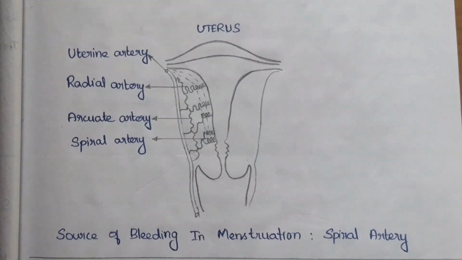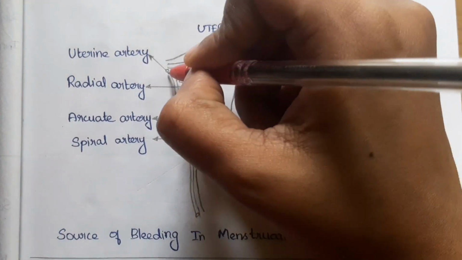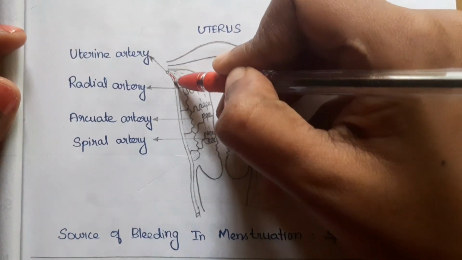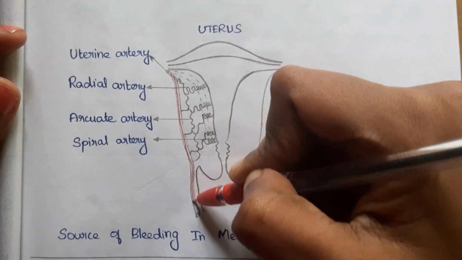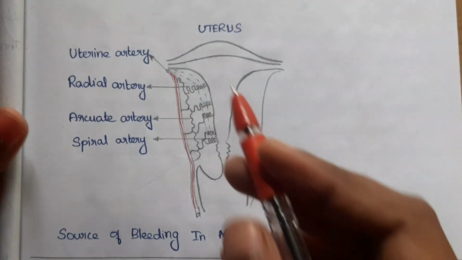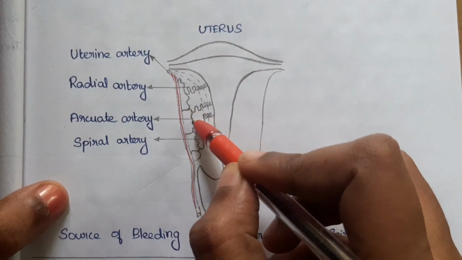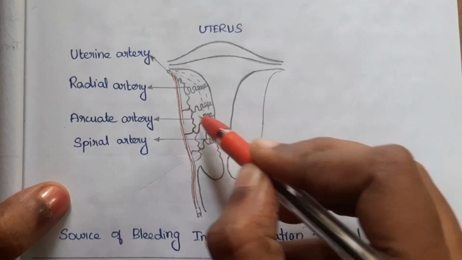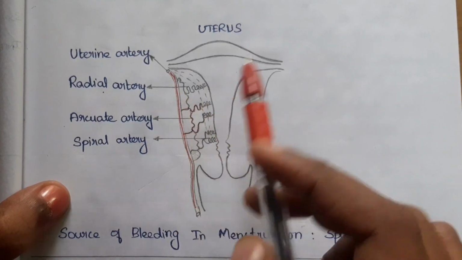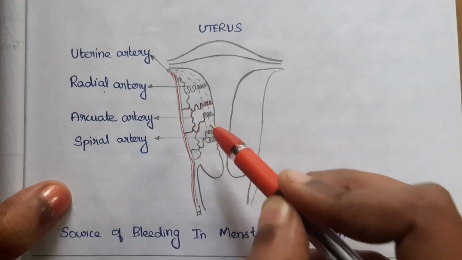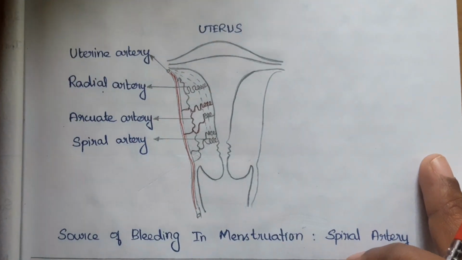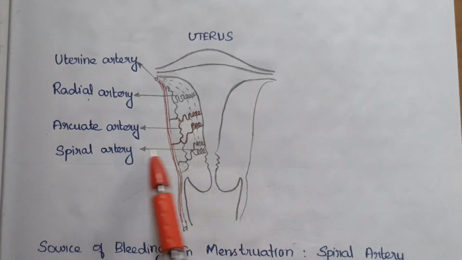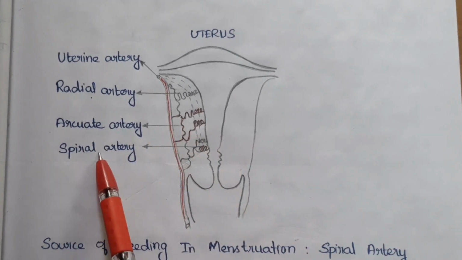Here this is the uterine artery, and from the uterine artery the arcuate artery arises, and from the arcuate artery the radial artery comes, and the radial artery gives off the spiral artery, and here this is the spiral artery which is responsible for bleeding in menstruation.